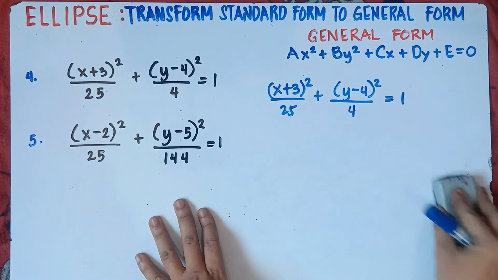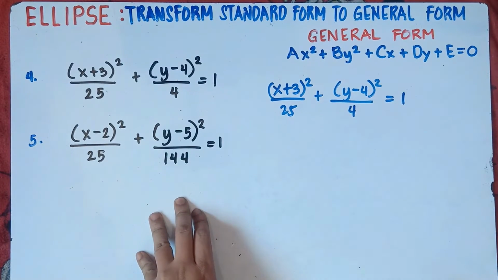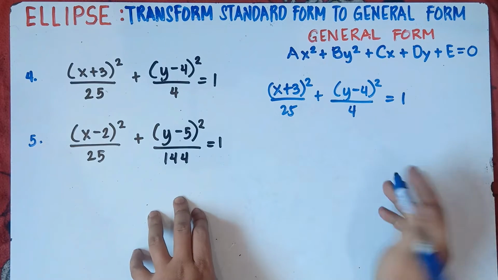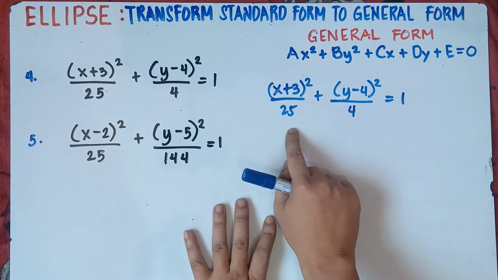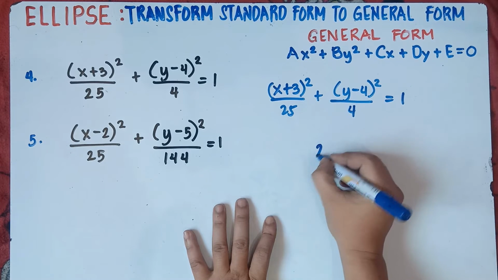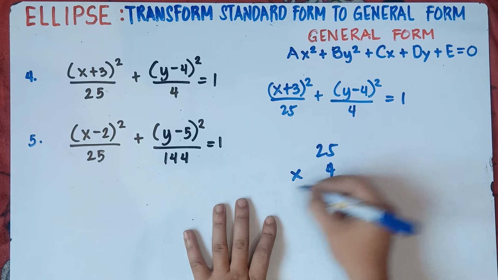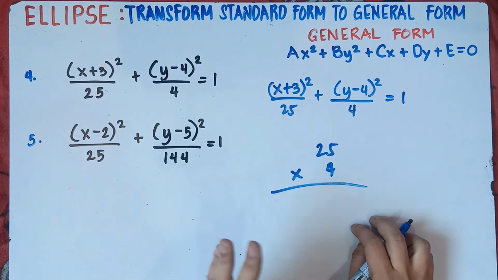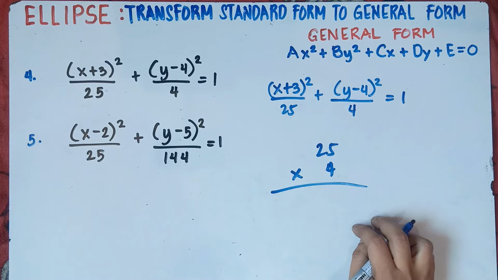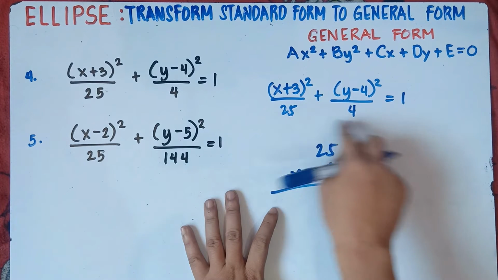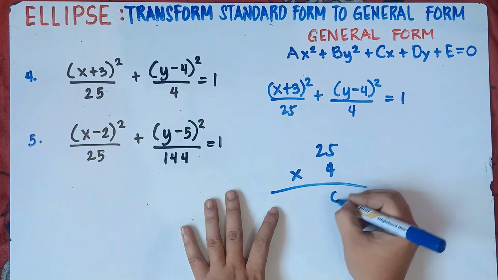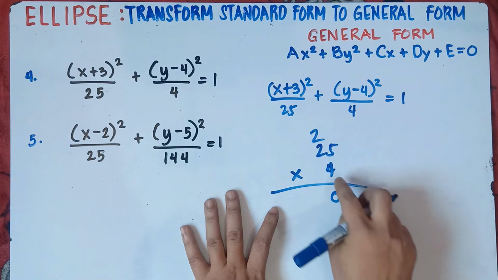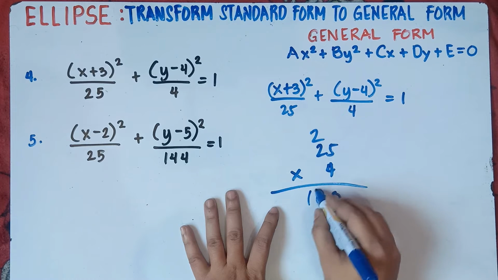So if it's hard for us to find that number, just simply multiply the denominators, class: 25 times 4. 4 times 5 is 20, 0 carry 2, 4 times 2 is 8, plus 2 is 10, so 100.